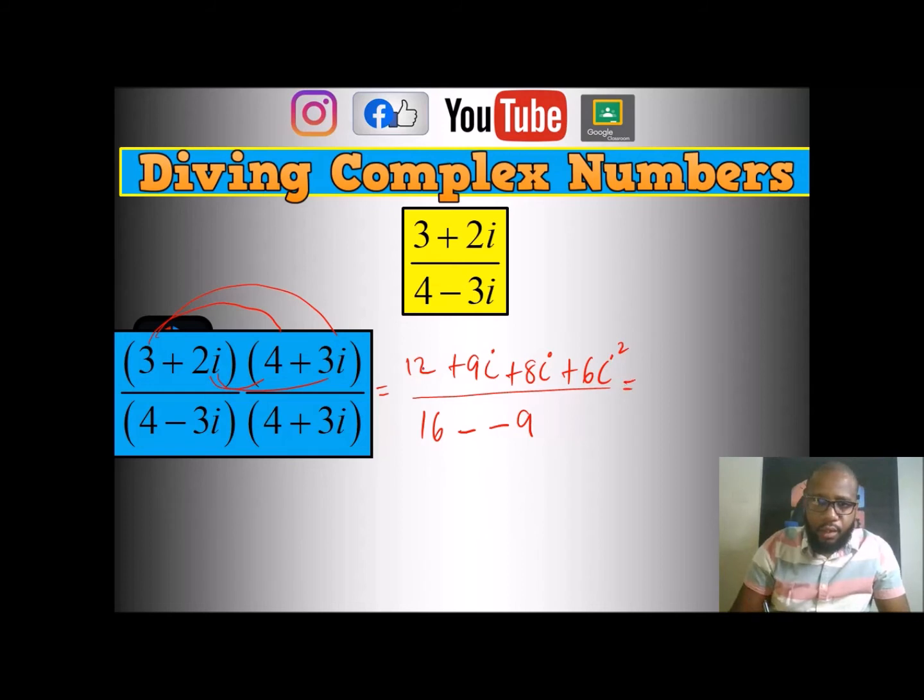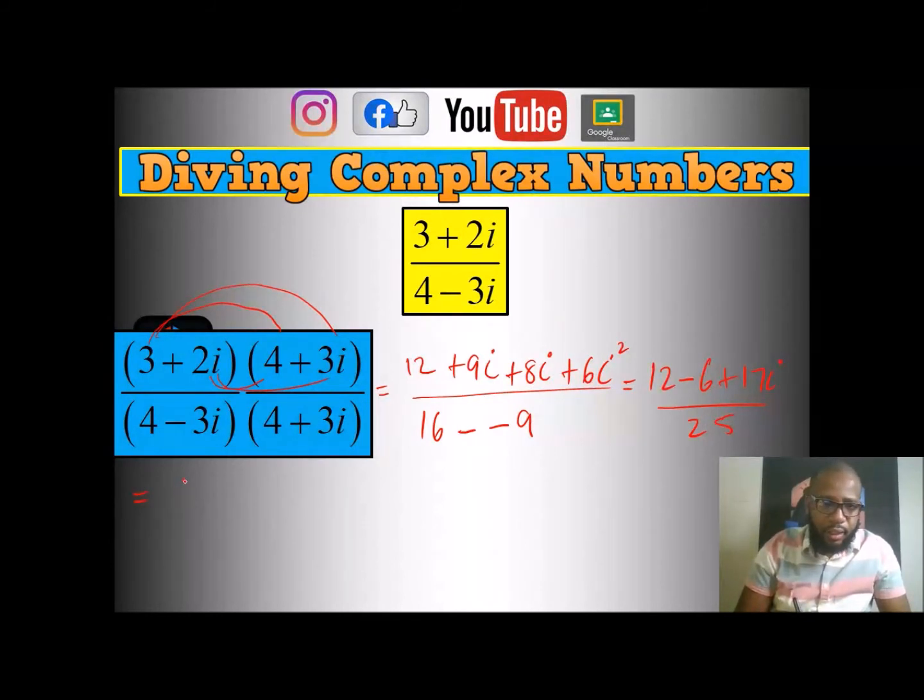So here, let's do some simplification. We know that 6i squared is negative 6. So that's 12 minus 6. And 9i plus 8i is 17i. And that's all over 25. Let's simplify it.